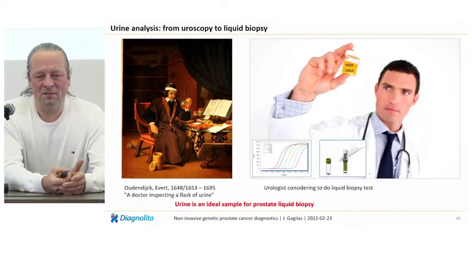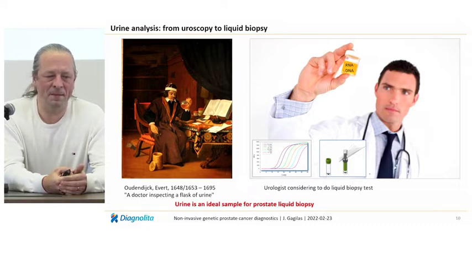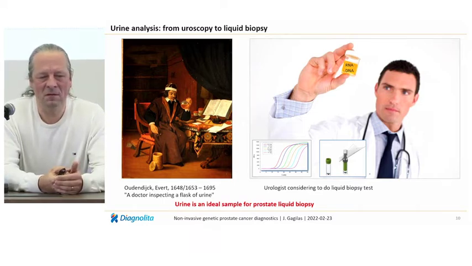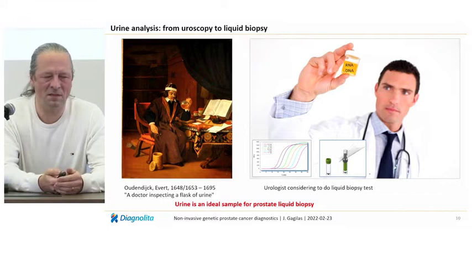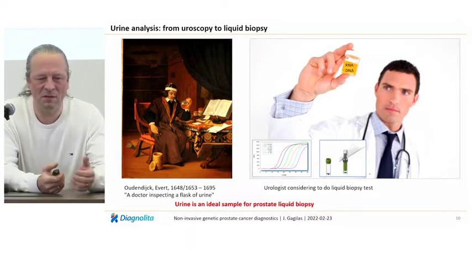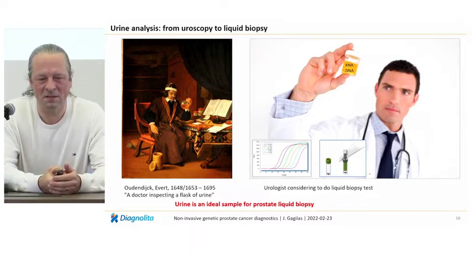And the good thing is that these biomarkers can be detected in urine, and you know very well that urine for many years has been used as a diagnostic tool, and it is also expressed in paintings, how doctors in the Middle Ages were just looking at urine and doing diagnostics.